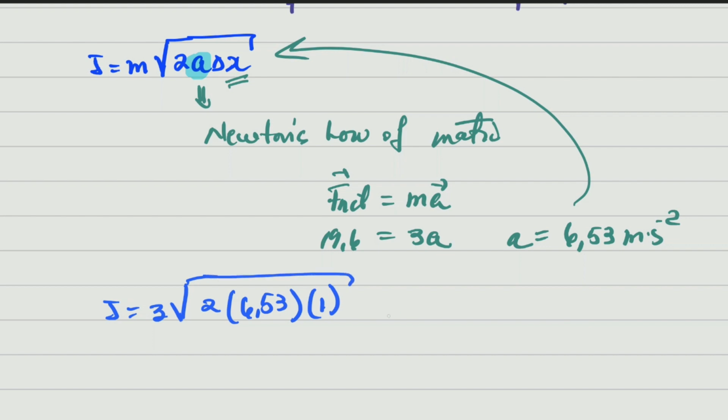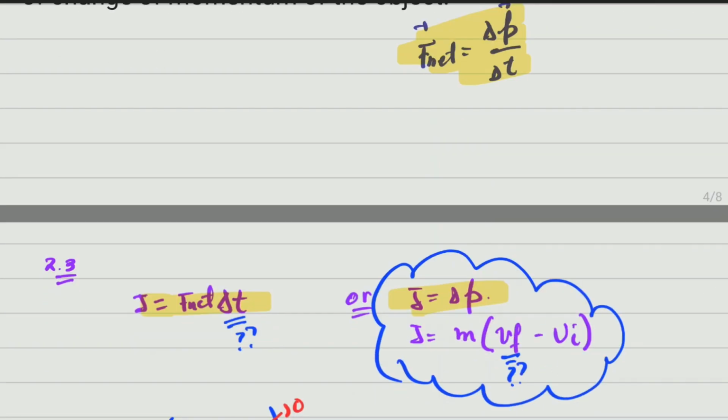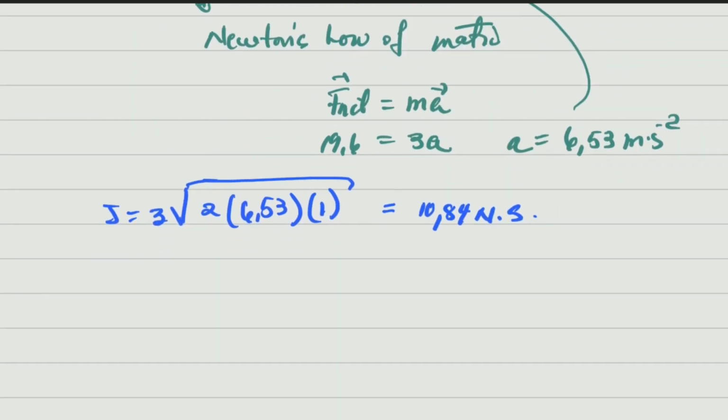And when you do this calculation, you should get 10,84 newton seconds. And then they're asking you to calculate the impulse, and the impulse has a direction, so the direction will be to the right. And we are done with this question.